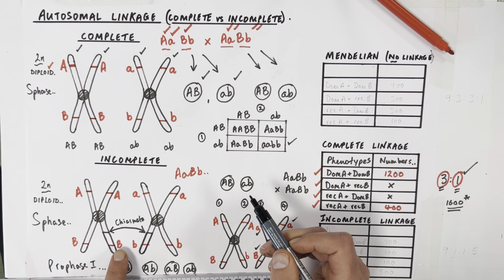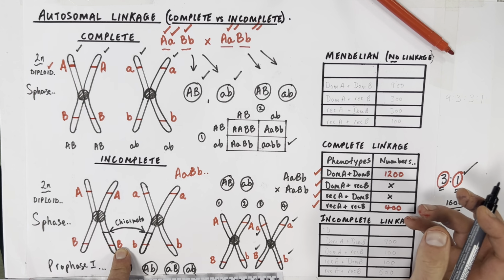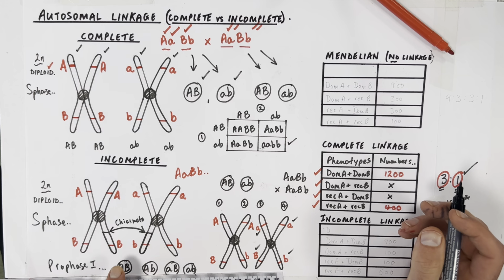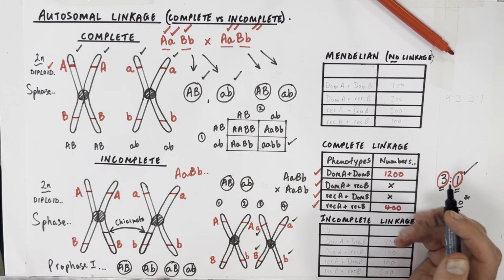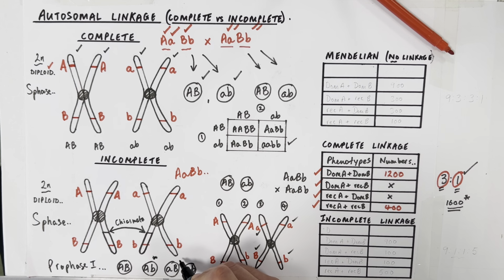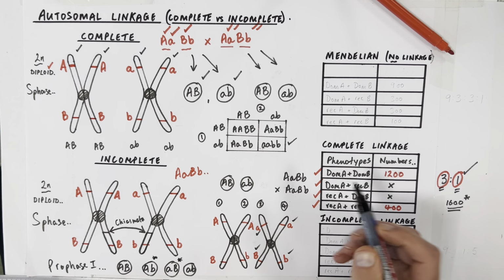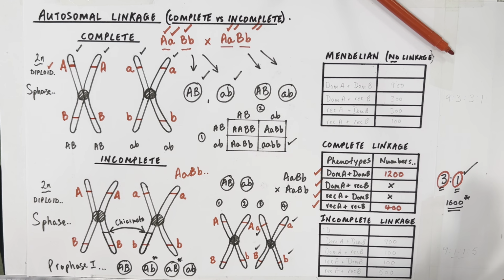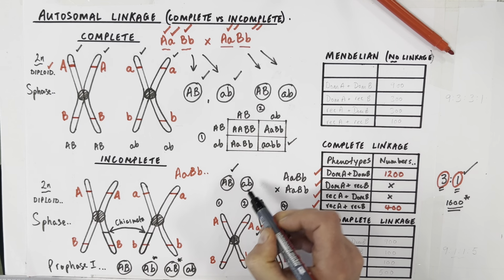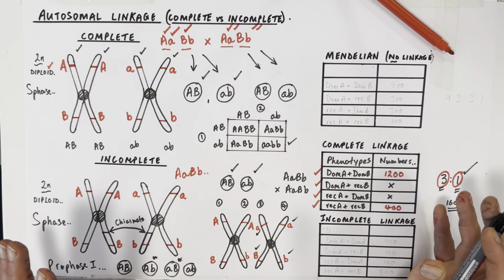So crossing over, because it's rare, happens in about 10% of cells, germline cells that undergo meiosis 1. You do get the 4 gametes, including the 2 recombinant gametes. But remember, 90% or so of cells wouldn't have crossing over because it's quite rare. So you get big A, big B, recessive a, recessive b as the main gametes.